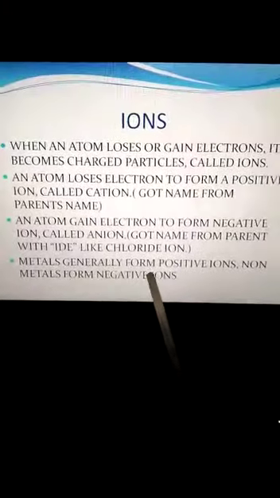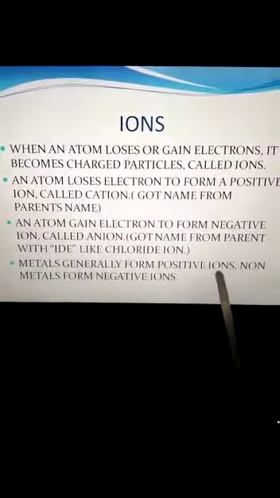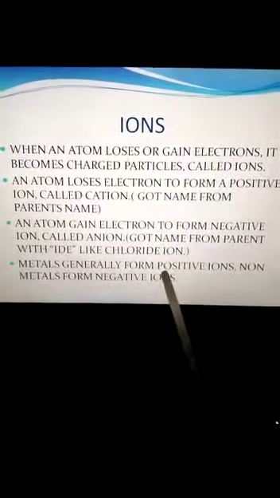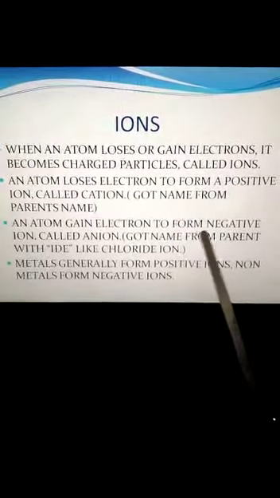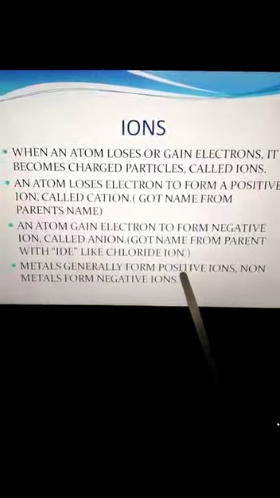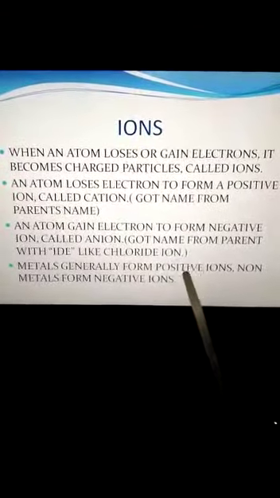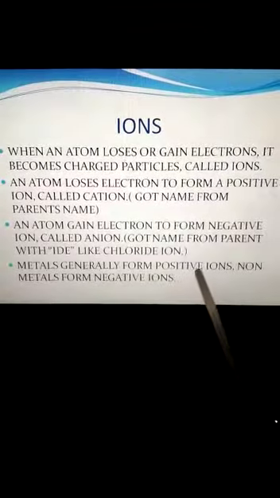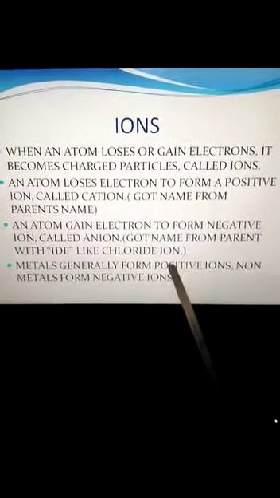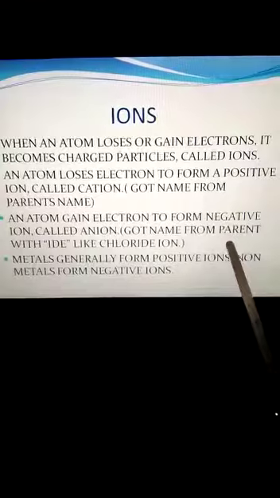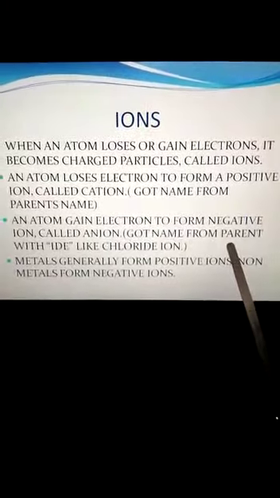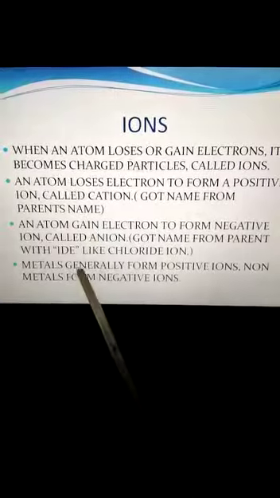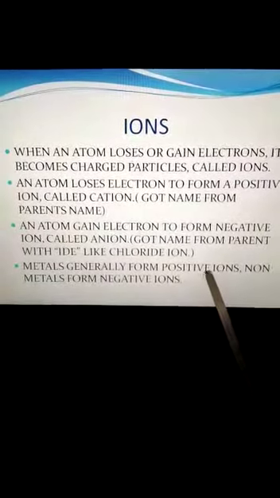Metals generally form positive ions because metals have valency, that is, the number of electrons in their valence shell or last shell, of 1, 2 and 3. So metals always have a tendency to give electrons to other atoms, forming positive ions, so metals are generally electropositive.